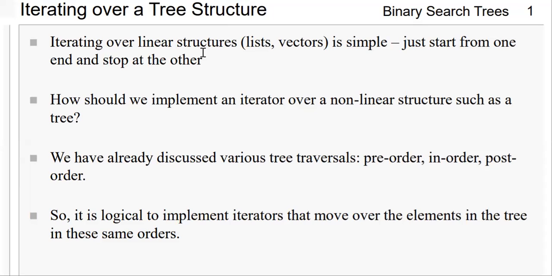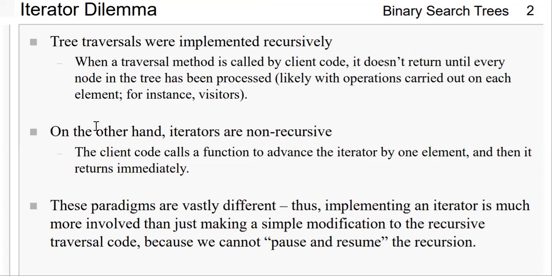We have to use a tree. That is why we use tree traversals, such as pre-order, in-order, and post-order, and implement them logically in an iterator, so that we move over the elements in the tree in the same order.